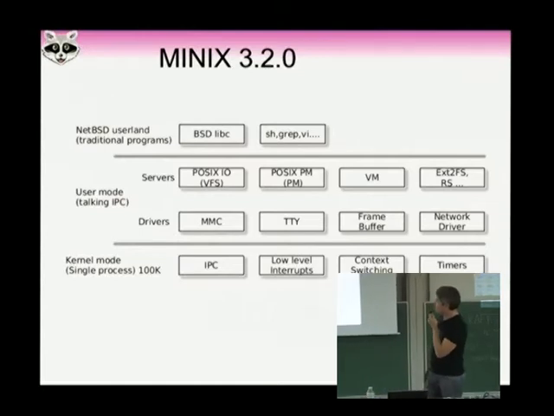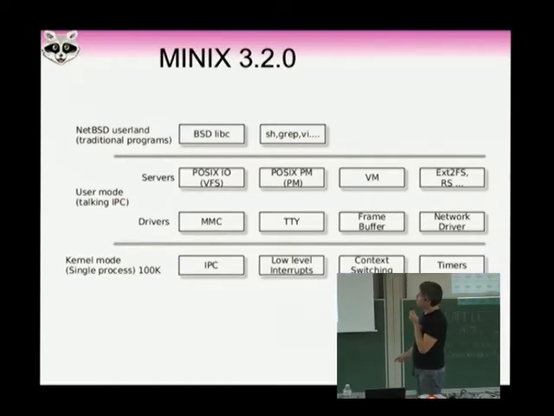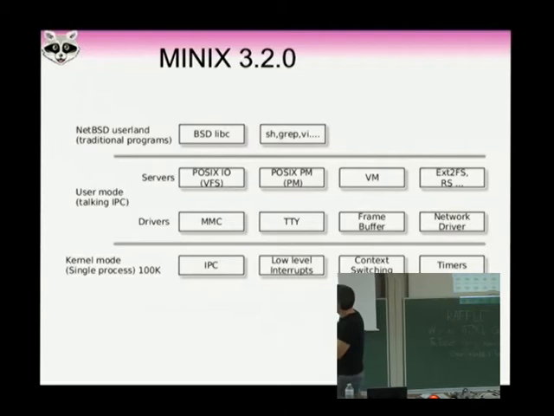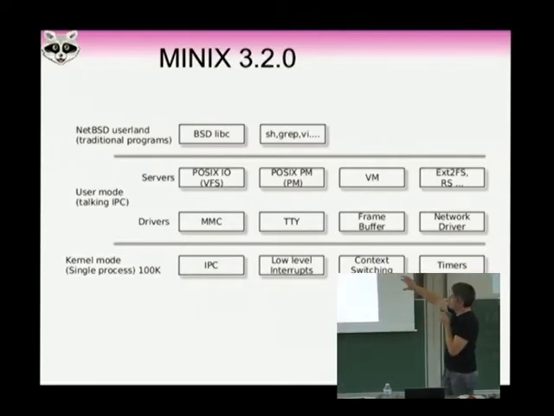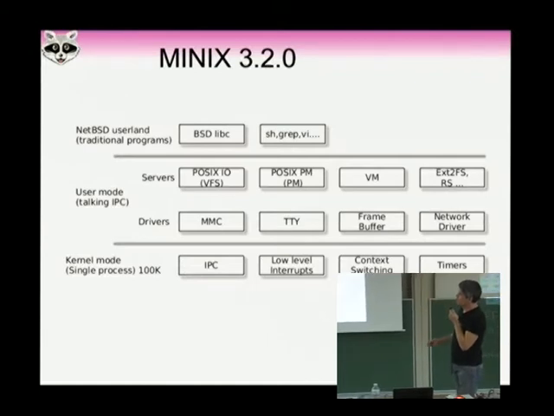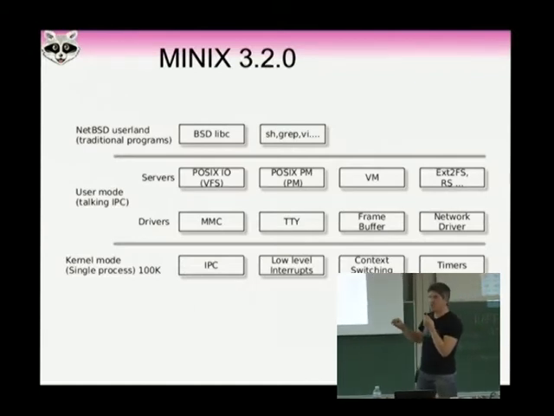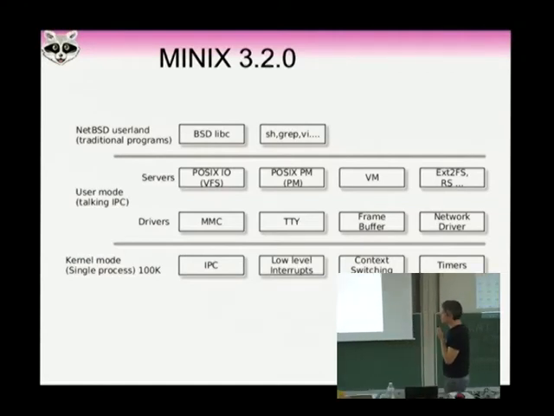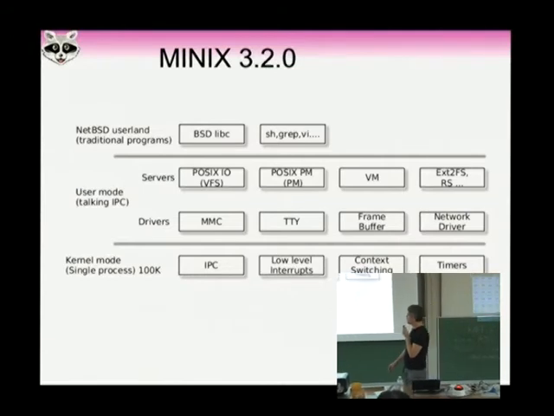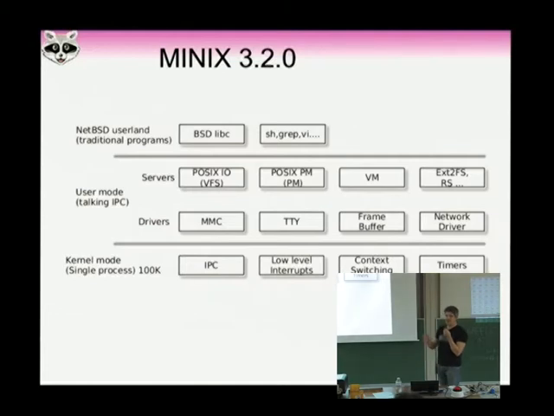So what does it look like currently? Basically, there's a kernel process, one single process that runs in supervised mode and does really the bare minimum possible, which is IPC, inter-process calls, low-level interrupts, context switching, timers, a little bit of startup, but that's it.